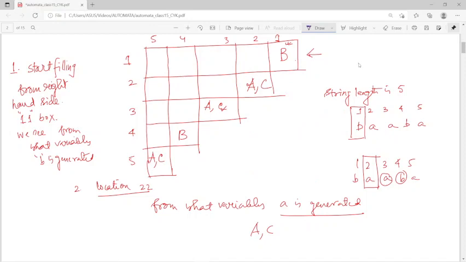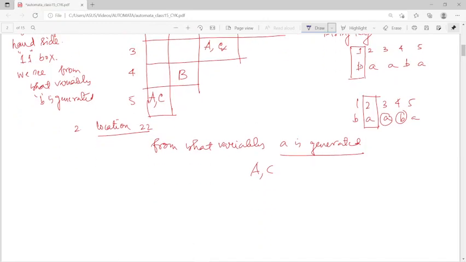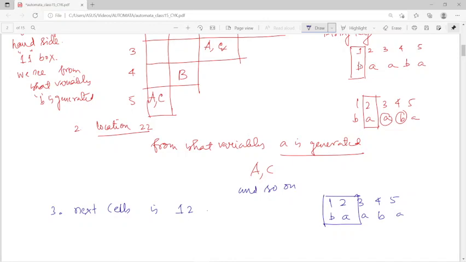Now the next locations that you want to consider, that is the 1 2 location, ভালো করে দেখবে। And so on, and so on. The next cell is 1 2, and that means 1 2 3 4 5, this is B, this is A B A. So 1 2 means this is BA, right?